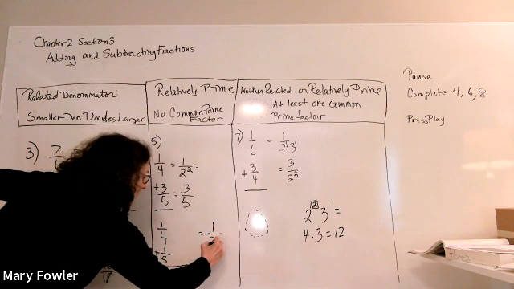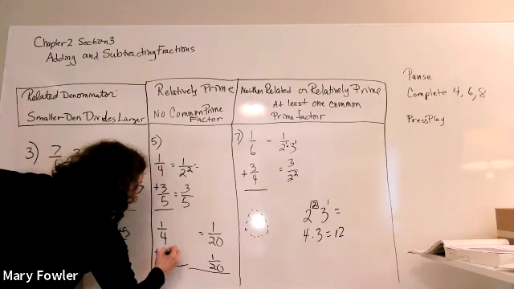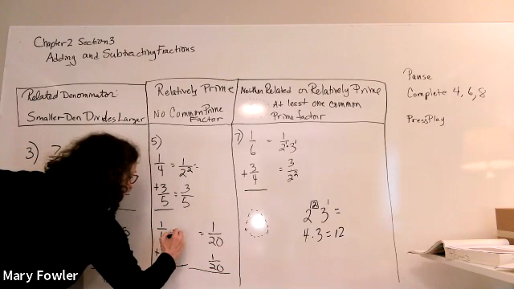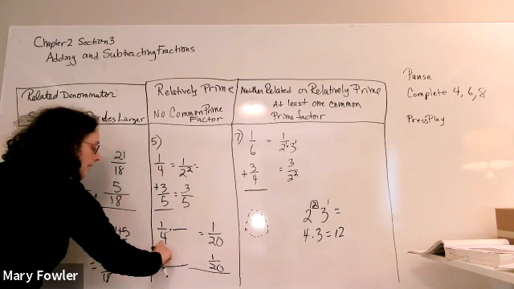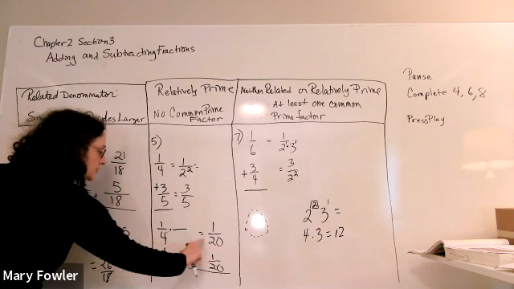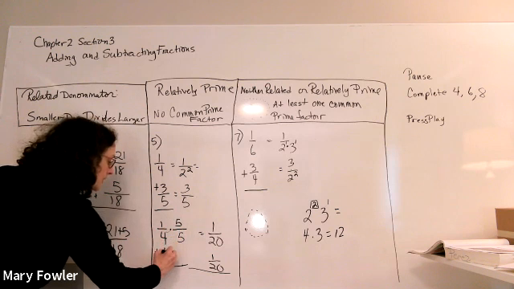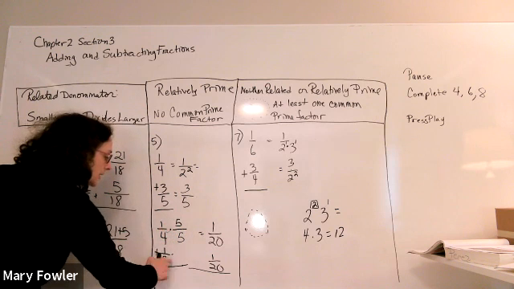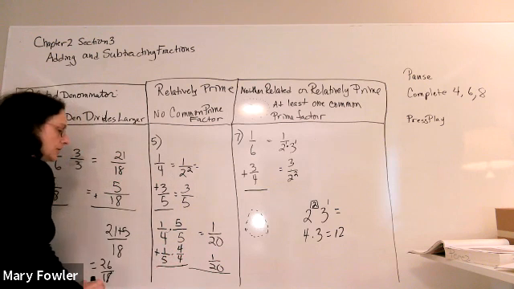Each of them has to be rewritten in terms of 20ths. Okay. So 1/4, I'm going to multiply by whatever number of times 4 goes into 20. 4 goes into 20 5 times, so I'm going to use 5 as my multiplier on the numerator and denominator of the first fraction, and 4 as my multiplier on the second fraction.